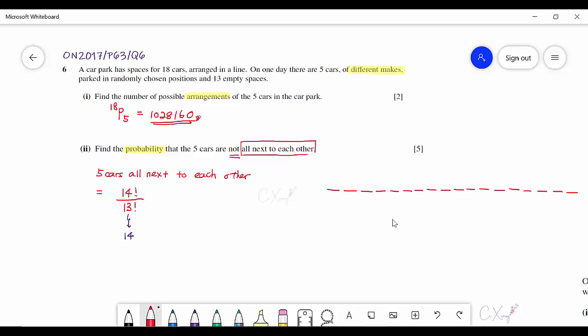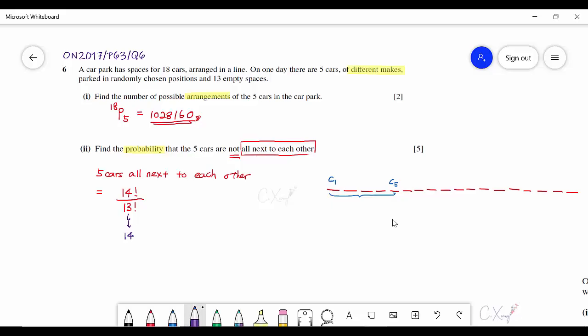Okay, 18 spaces here, and after that you want to put the 5 cars together, so they must be all together here. You can try to count. The first car starts from here, so 1, 2, 3, 4, 5. This is C5. This is the first possible space.